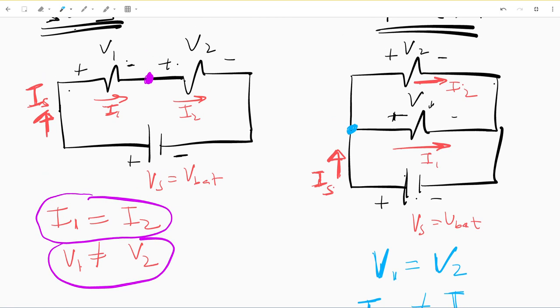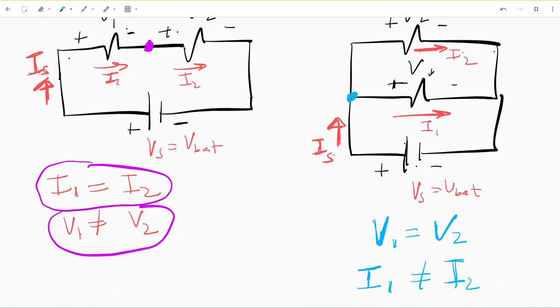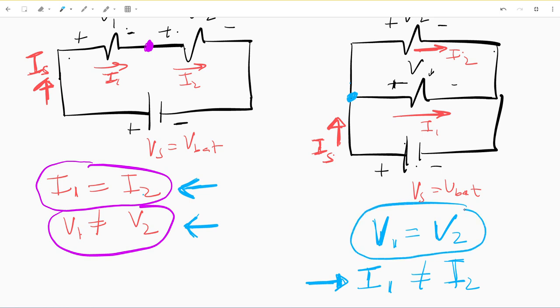Keep in mind that all we can say is that for the series case, located here, I1 equals I2, and V1 is not equal to V2. But in the parallel case, we can say that I1 is not equal to I2, but we cannot necessarily say that V1 is not equal to V2.